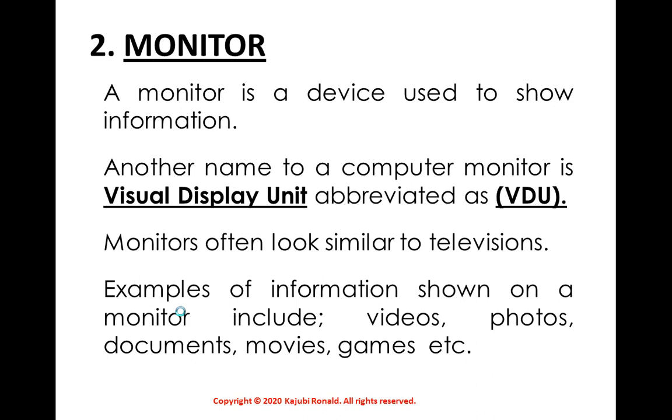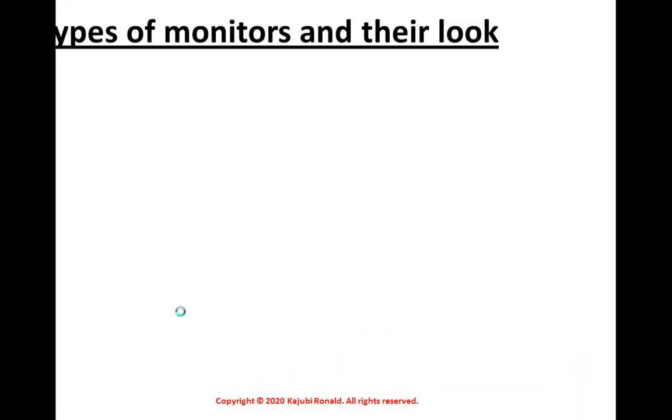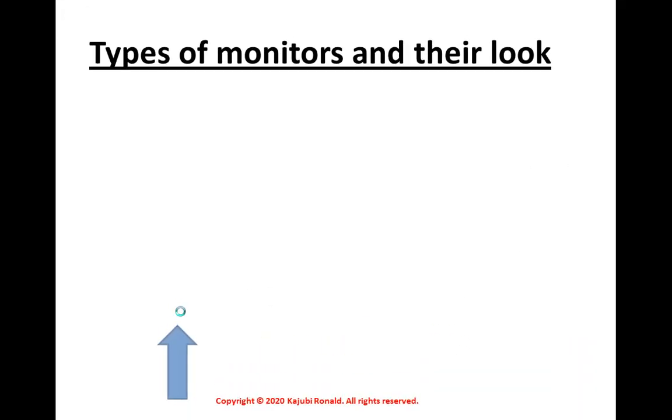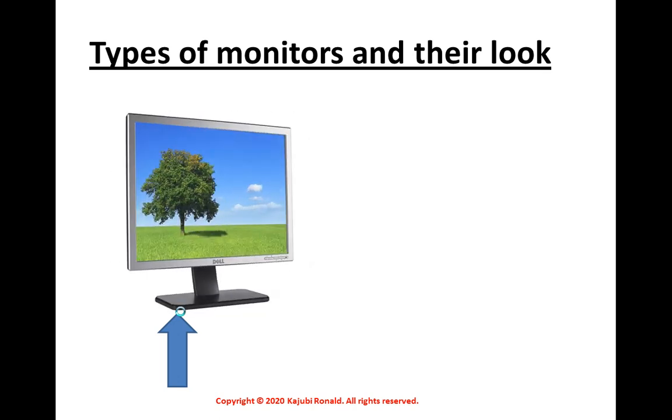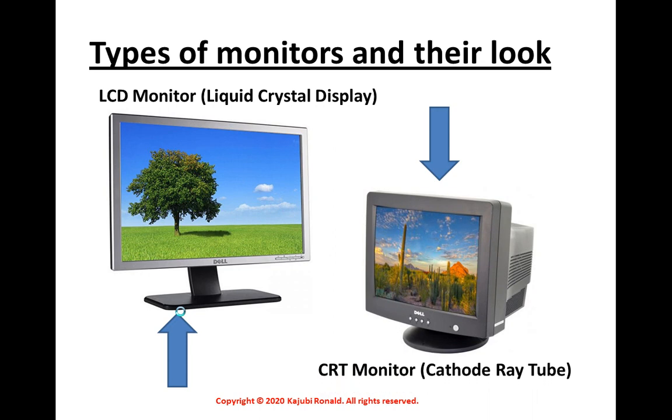Examples of information that can be shown on a monitor include videos, photos, documents, movies, games, and many others. Let us look at the way a computer monitor looks, and they are of two types.